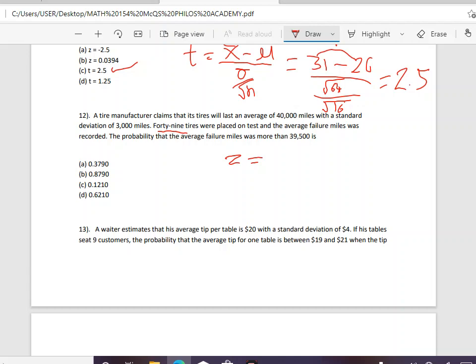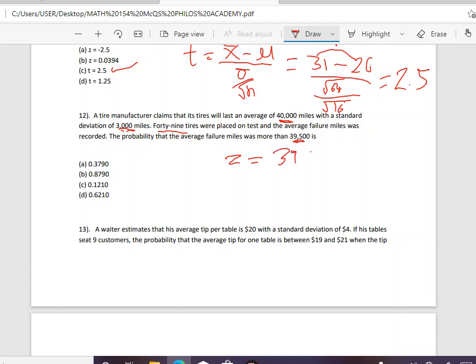So Z is equal to sample mean. What's our sample mean? They said a tire claims that the last average is this. So this is the population mean. And the standard deviation is 3,000. So this is the sample mean, 39,500.